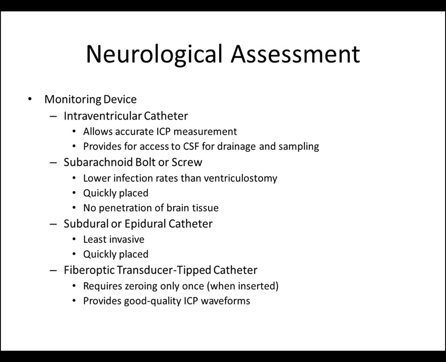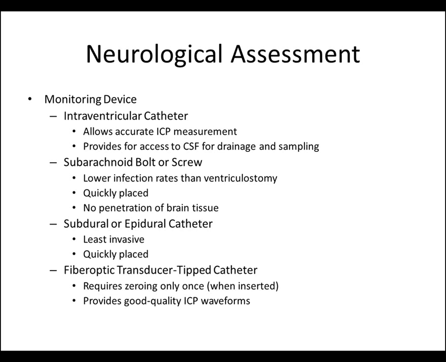The third device we'll talk about is the subdural or epidural catheter, and the difference is whether it's above the dura or underneath the dura. The epidural catheter is placed between the skull and the dura, leaving the dura intact. The subdural catheter is placed under the dura, not leaving the dura intact.